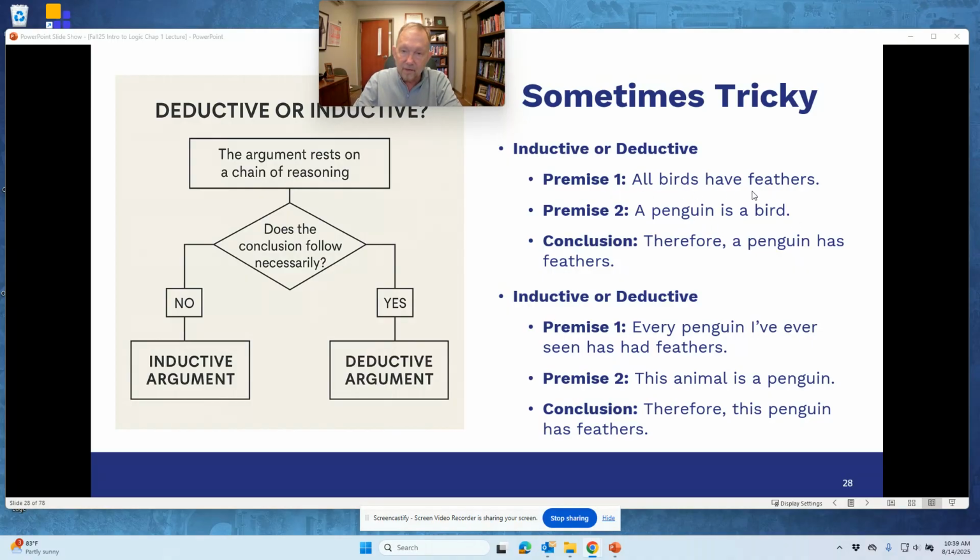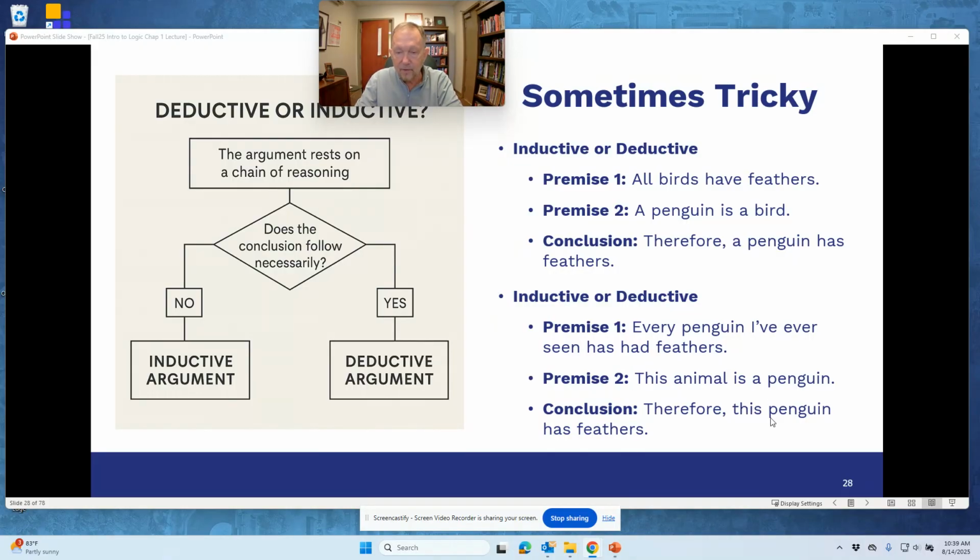If this said something different, if it hedged or in any way was not all, see, that's the key word there, then we would not have a deductive argument. And you probably guessed by now that this one's inductive because obviously I would try to have an example of both, right? So every penguin I've ever seen has had feathers.